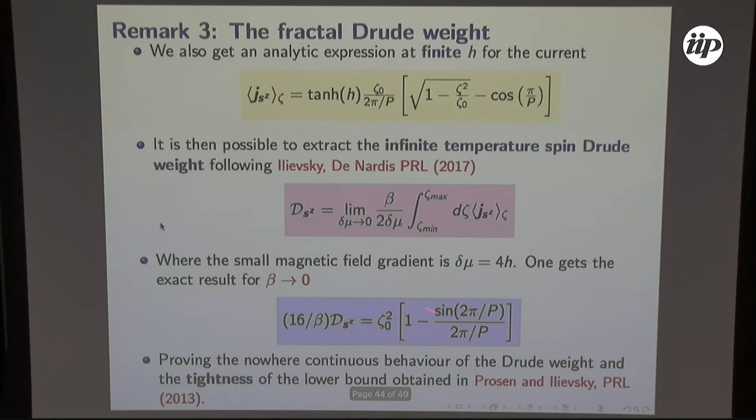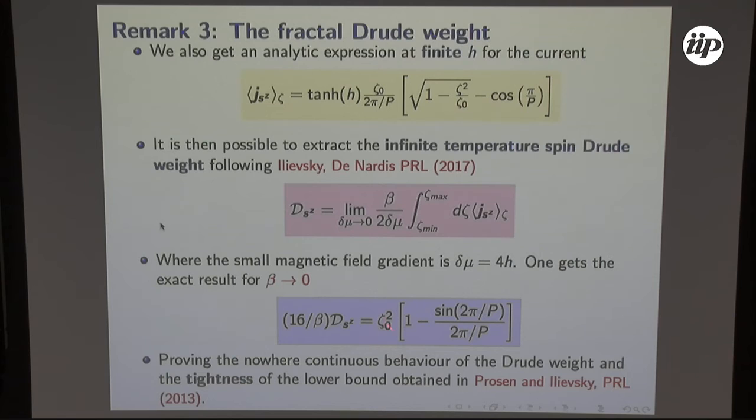So the result is the exact bound found by Prosen. So this is a way also to verify that. Prosen and Ilievski, in a paper of 2013, proved actually that the Drude weight for the spin current at infinite temperature for this type of setup has to be larger or equal than something as a lower bound.